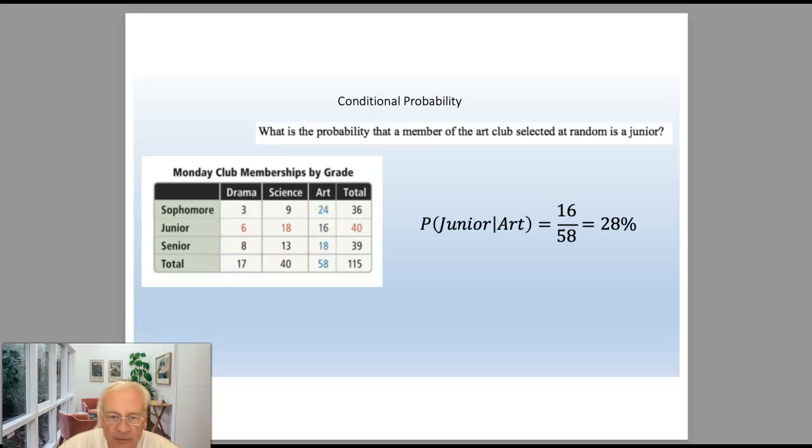So it's 16 over 58. Think of this kind of as a fraction where art is on the bottom and junior is on the top. So what's the total art, and of the art, how many of them are juniors? 28%.